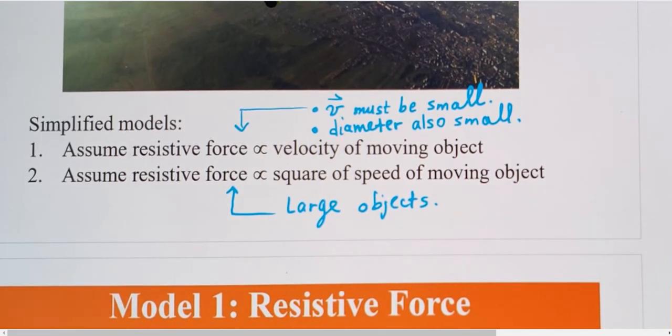A person in a parachute, for example, a car moving at high speed, these kinds of systems, then we are talking about force proportional to the square of the speed. The first part, force is proportional to the speed or to the velocity. Speed and velocity are opposite in direction. Always the resistive force is opposite in direction.